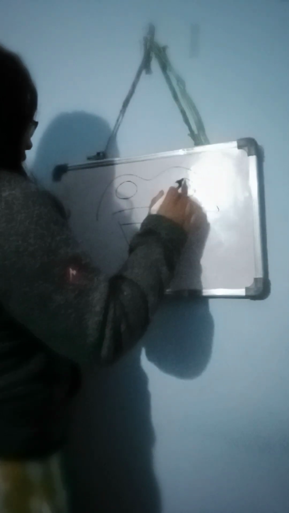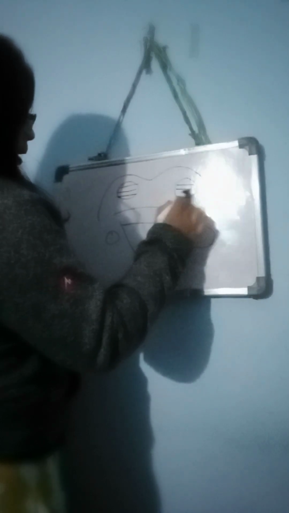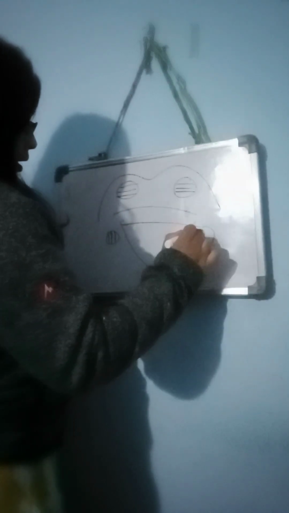Now we'll come to the intrinsic muscles. If this were the tongue, then this is the superior longitudinal muscle and inferior longitudinal muscle.